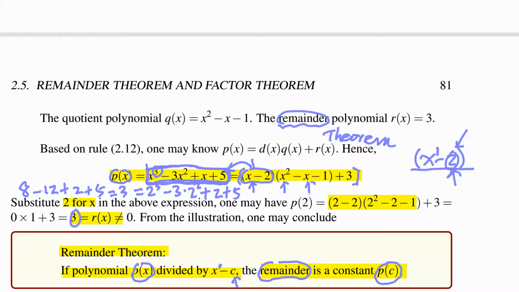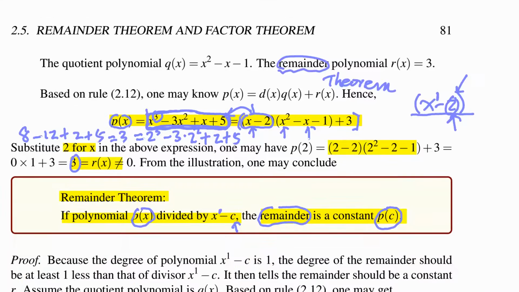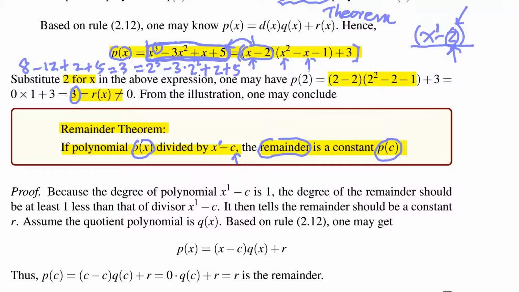Now, the proof is actually not that hard, the general proof. So here is the proof I'm going to show you. Assume P of x is the one we are given, and here is the divisor.